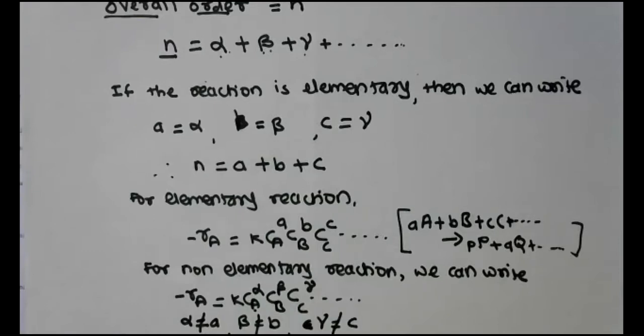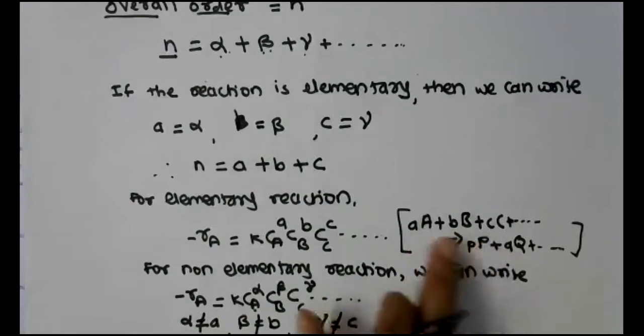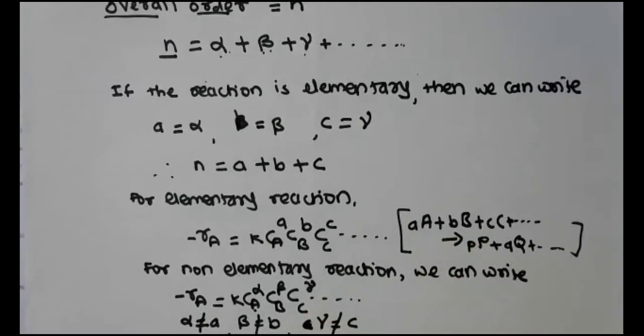That is, you have to carry out this reaction, take out samples at various time intervals, analyze the concentrations of A, B, and C, and use any method of kinetic analysis to determine the values of k, alpha, beta, and gamma.